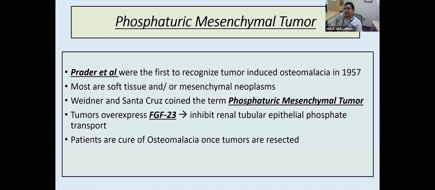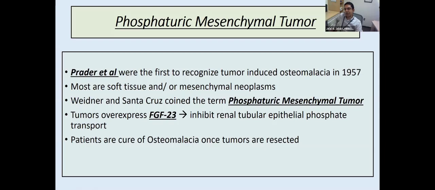Weiss and Santa Cruz take credit for pointing out the term phosphaturic mesenchymal tumor, because these tumors overexpress FGF23, and that will lead to phosphaturia. By losing the phosphate in the urine, these tumors induce osteomalacia in these patients, and therefore the frequent fractures that this patient had.